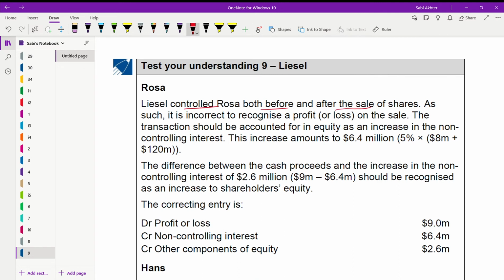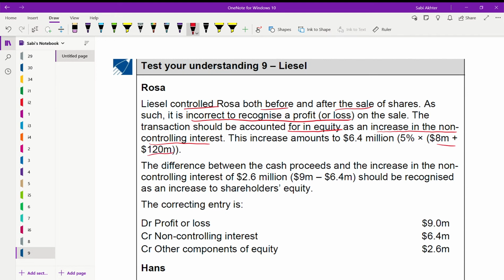Because he has control, you cannot recognize a profit or loss when there is no loss of control. That's why this transaction will be accounted for in equity and there will be an increase in NCI because you're disposing. How much will be that increase? Goodwill plus the net assets.